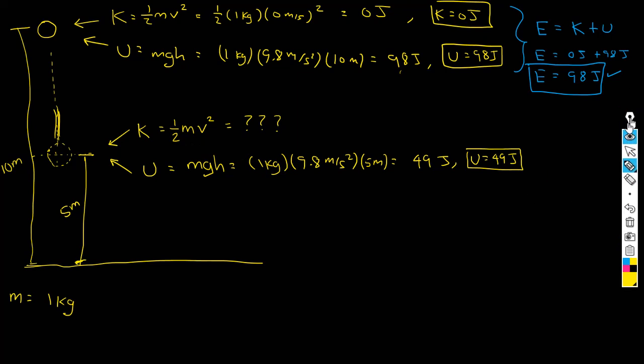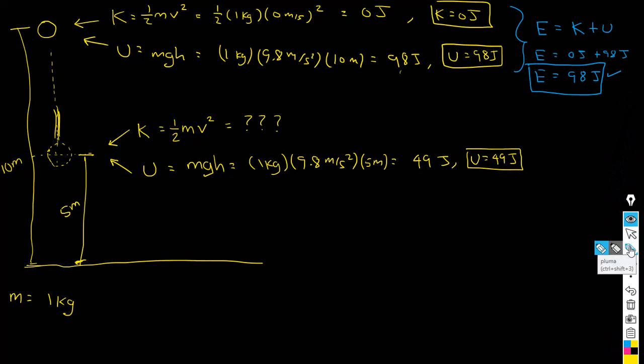Pay a lot of attention to how this works. How can I use the principle of conservation of energy? What I know is that the total mechanical energy of the particle was 98 joules at the beginning. And since the total energy is conserved, then at this other location in the middle of the trajectory, the total energy also needs to be the same as before, because energy is not destroyed nor created; it's going to remain the same.